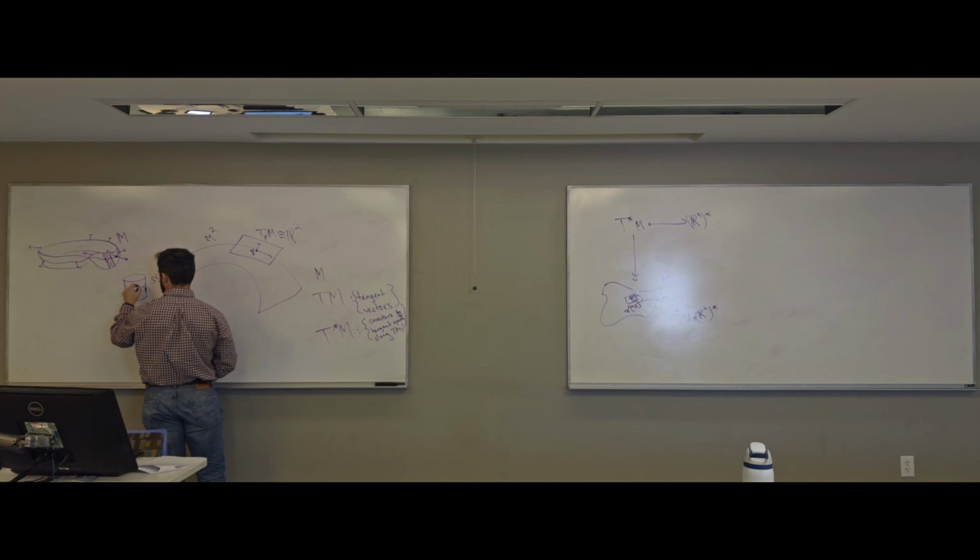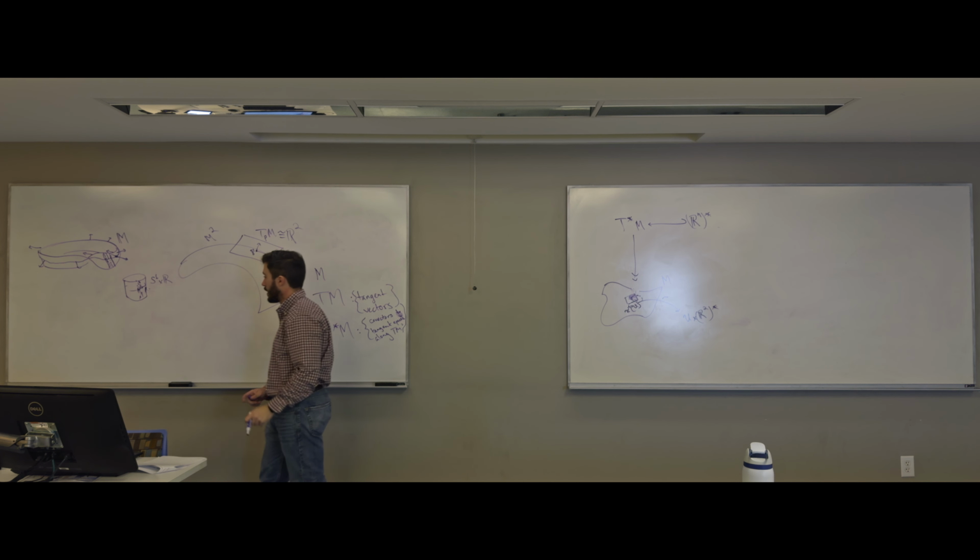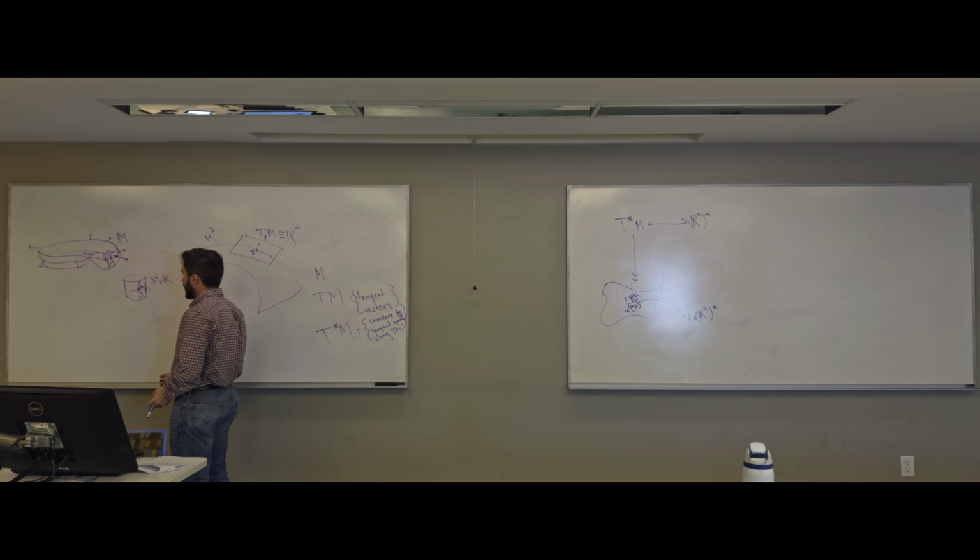Take a point in the base space, an open set small enough, look at all the fibers, so extend vertically, and you just get these little rectangles. Locally they look the same, but if you consider the global properties, there's the twisting here.